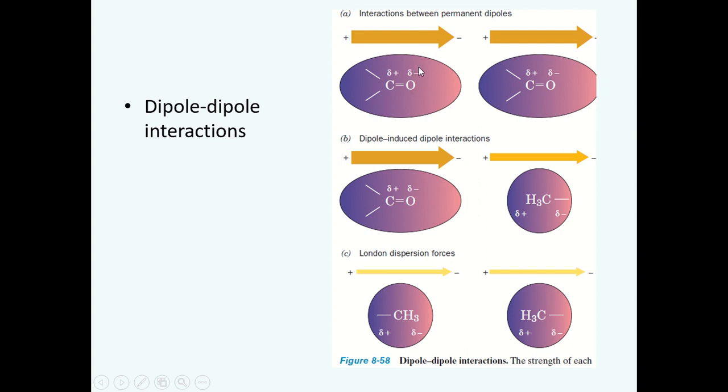As a result, this oxygen will become partly negative and the carbon will become partially positive. So this is a dipole, and this dipole can interact with other dipoles. There could be a dipole which can induce a dipole in other molecules as well. Collectively, these dipole interactions are also important for the stability of the structure of proteins.